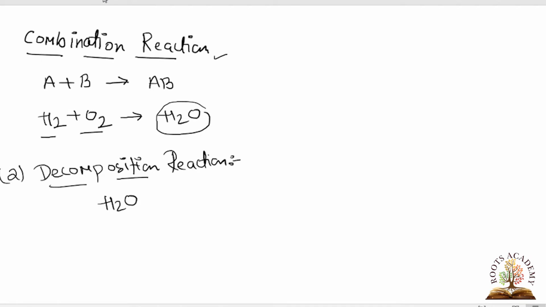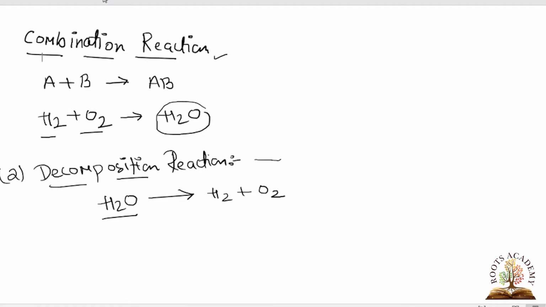Okay, so water, when we provide some kind of energy, it can be light, it can be electricity, it can be heat, gets decomposed into hydrogen and oxygen. So one reactant decomposed to give 2 or more than 2 products is called a decomposition reaction.